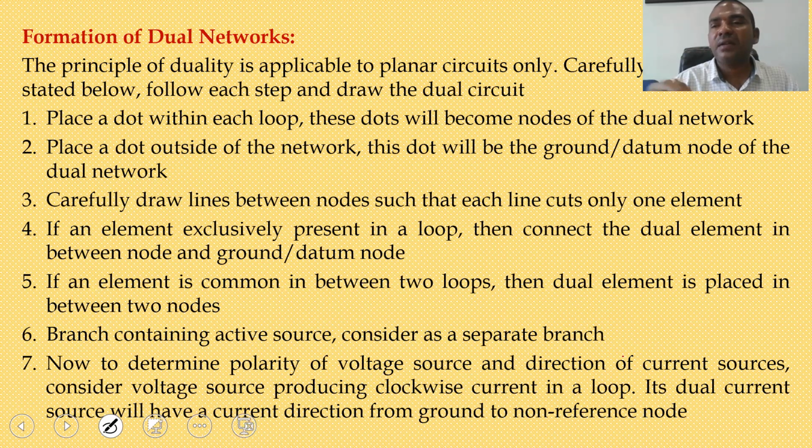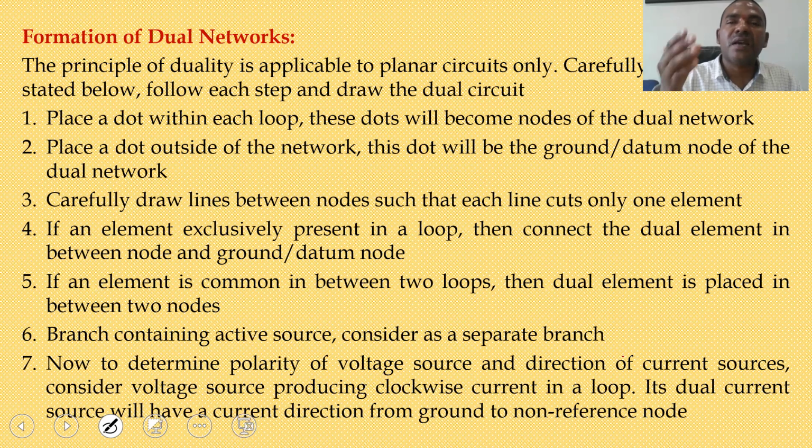Then you have to draw a dotted line, replacing each element connected inside the loop, from the loop node to the reference node. Like that, if a resistor is there, replace it with a conductor. If an inductor is there, replace it with a capacitor.